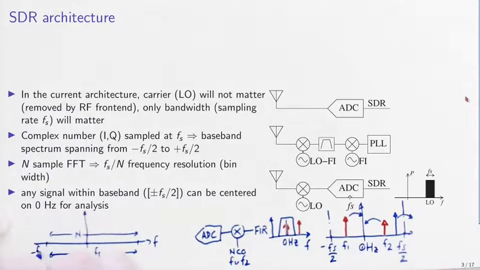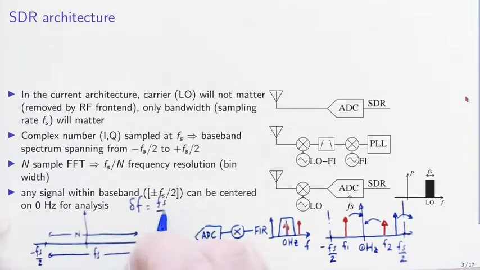Then the bin width, or the spectral resolution of the Fourier transform, will be delta f equal to fs over n, the sampling frequency divided by the number of data that were analyzed. So this will define how many data must be analyzed when aiming at a bin width of delta f.